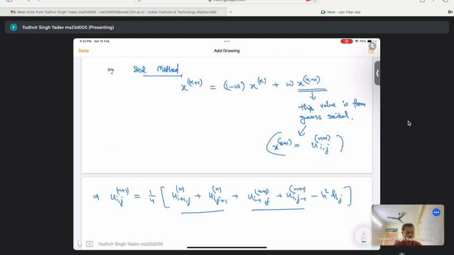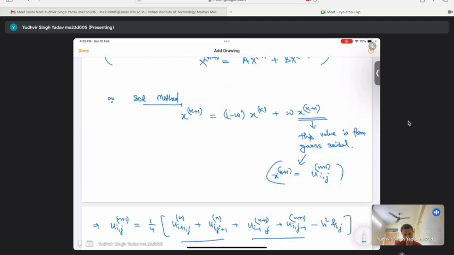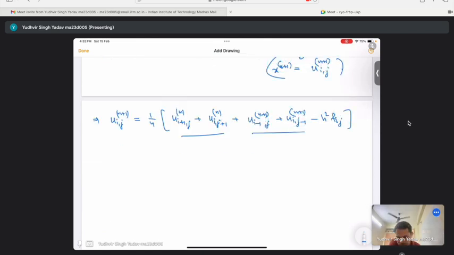What we have done is we have used this concept of the SOR method. That is, we have taken the explicit for these first two terms and implicit for the next two terms.